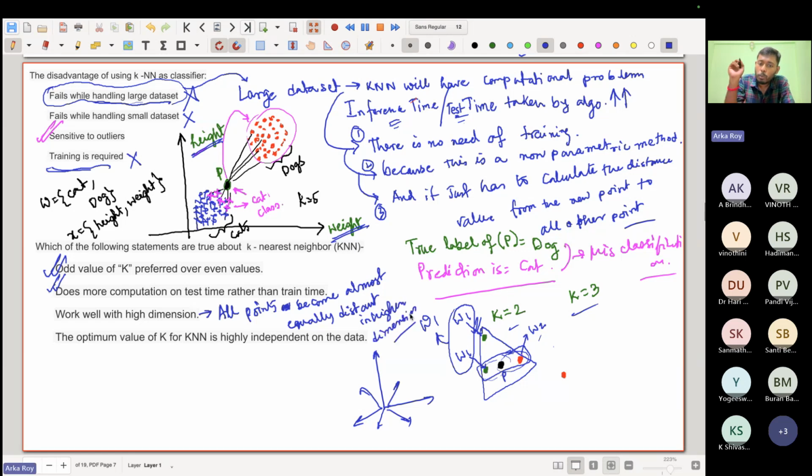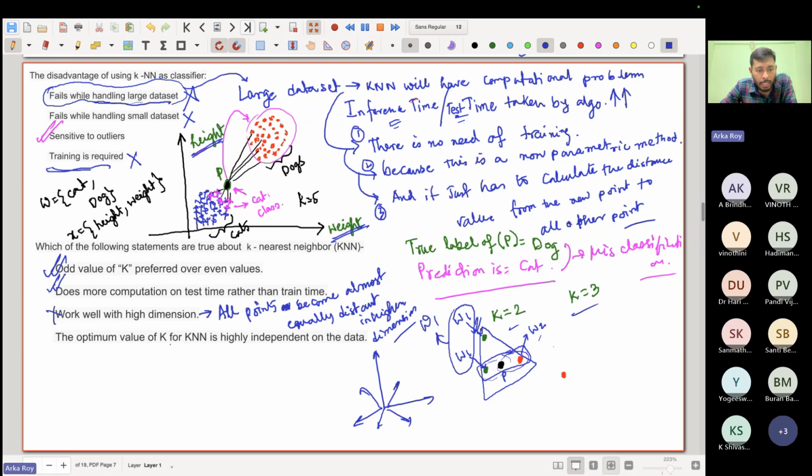So if you calculate the distance using the Euclidean distance formula, for both cases, let's say D1 and D2, you will get similar values. So in those cases with higher dimension, KNN is not a good classifier for higher dimensional data classification. So we try to avoid KNN there.